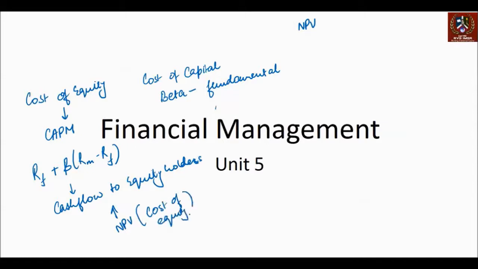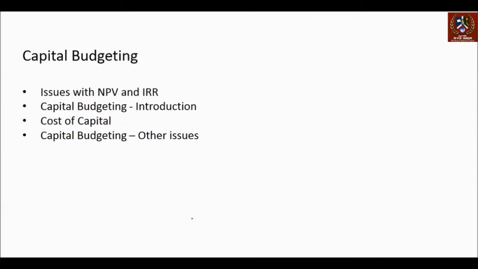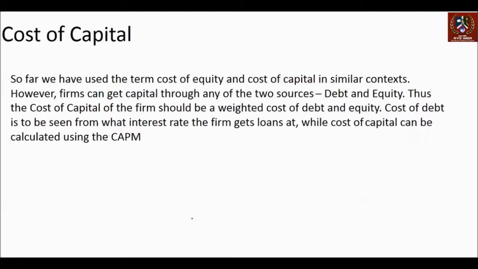But that's not necessarily true for all the firms. It is quite possible that a lot of the firms can get capital through either of two sources, right? So capital can come either in the form of debt or in the form of equity. Now, if it comes in the form of debt, there is something called cost of debt, and there is something called cost of equity.